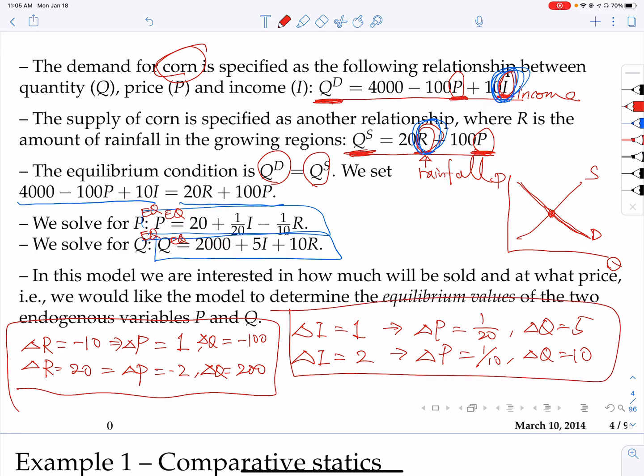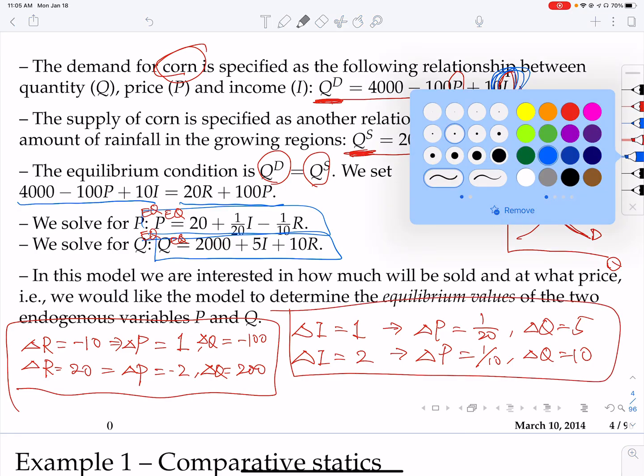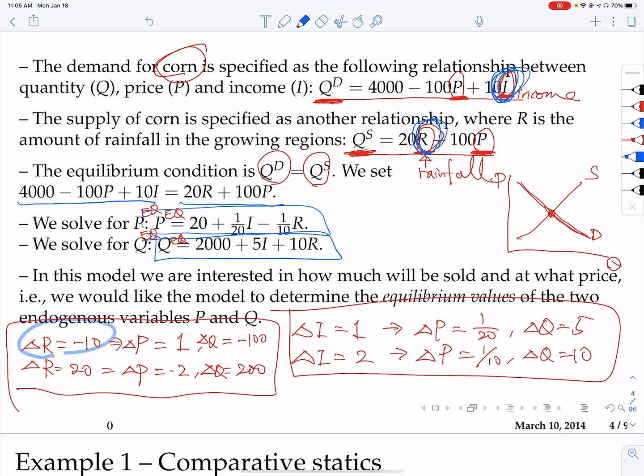So what I'm doing here is that the rainfall is an exogenous variable, not determined by the supply and demand. This is given outside the model. The rainfall is not determined by the supply and demand of the corn, right?